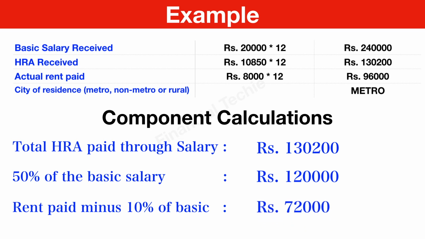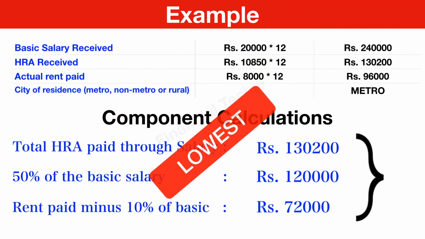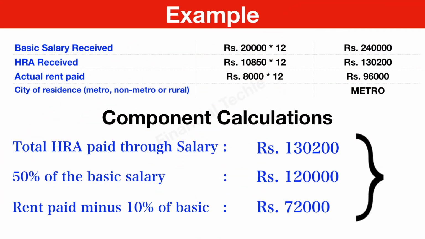Now we are done with all these three calculations. The only pending element is that we have to figure out the lowest among these three. In this case, the lowest comes as 72,000, which is rent paid minus 10% of Mr. Ravi's salary. So 72,000 rupees is what Ravi can get as exemption while filing his tax return.